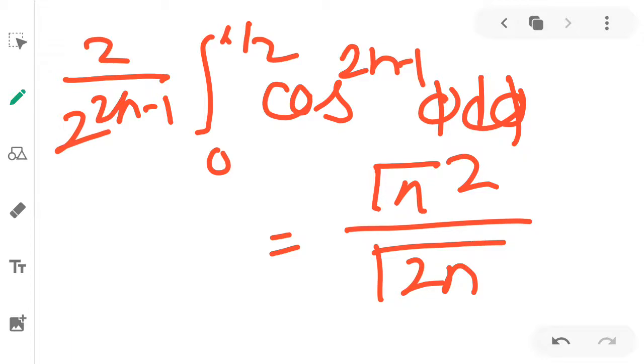We also know that changing the variable in the definite integral does not affect the integral. So we can use phi as theta or another variable. So we can write integral 0 to pi by 2 cos to the power 2n minus 1 theta d theta.